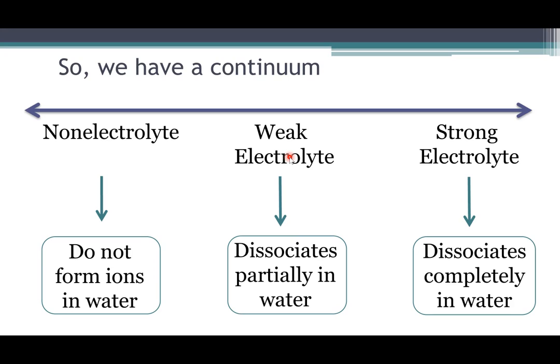It only breaks apart a little bit. Okay? So partial dissociation. So if I put 3 molecules in, maybe 1 breaks apart and 2 stay together. So only a few of them break apart. So there are ions in there for electricity to be conducted. There's just not as many. So it's going to take a little longer or not do it as well.